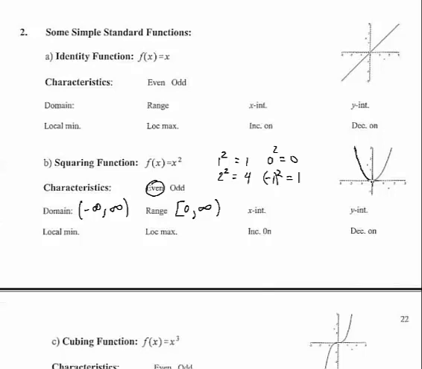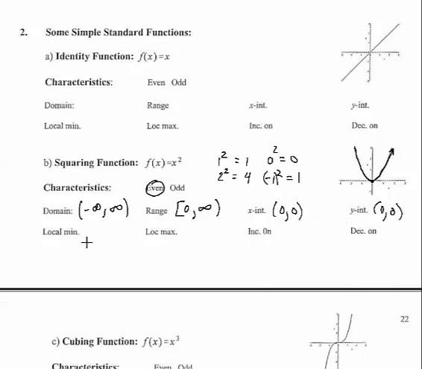Once we pass the origin, the squaring function starts back up and it never returns. It never comes back in this direction. So we don't go any lower than the x-axis. Okay, x-intercept, y-intercept. Well, the squaring function simply touches the origin.